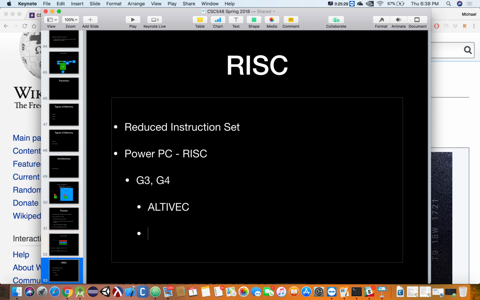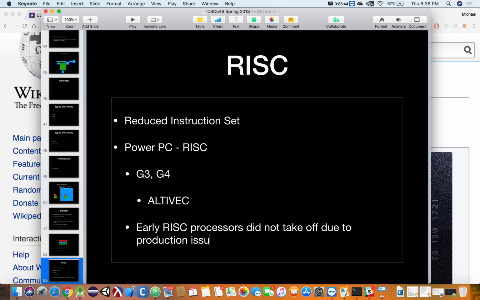Now, the issue here, though, is early RISC processors did not take off due to production issues. Now, we did have some other processors that were RISC-based that did well, but they were in a much smaller group.